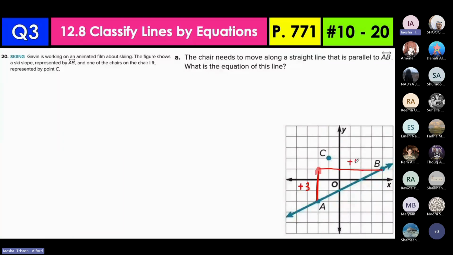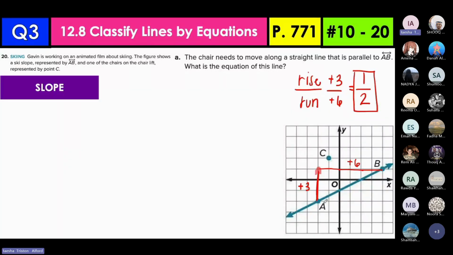So positive 6. So I can do the rise over run. So this is a different way to find slope. So positive 3 over positive 6, gonna give you positive 1 over 2. So that is the slope of line AB.